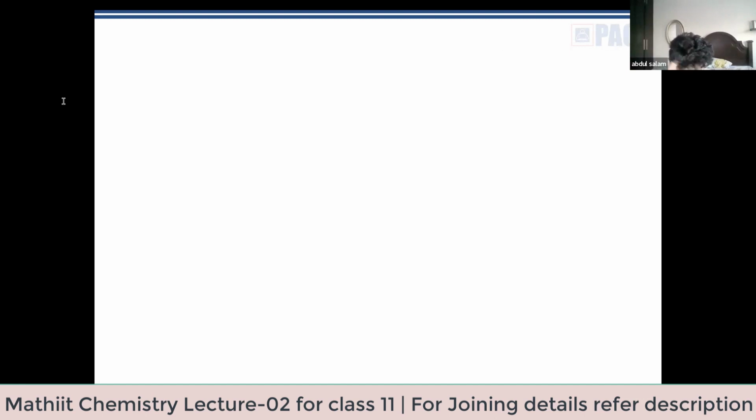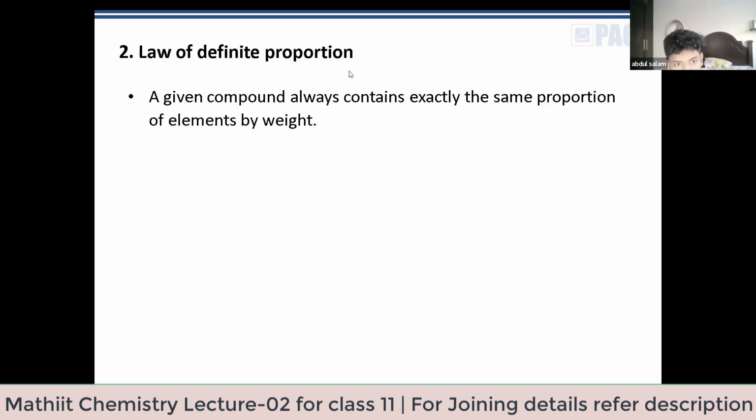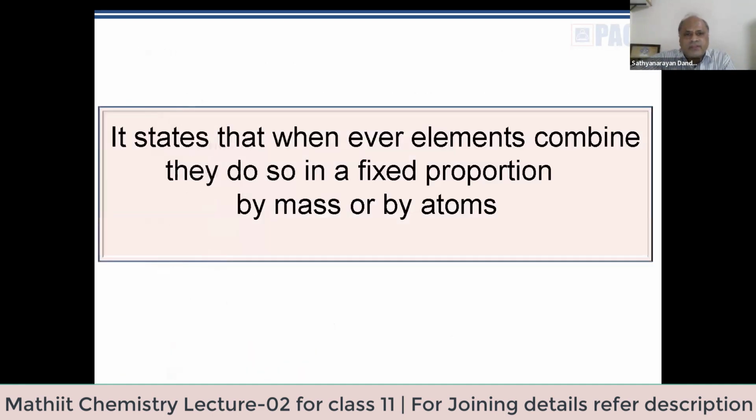Write down. The law of constant proportion or definite proportion. I'm giving you once again the definition. It states that whenever elements combine, they do so in a fixed proportion by mass or by atoms.